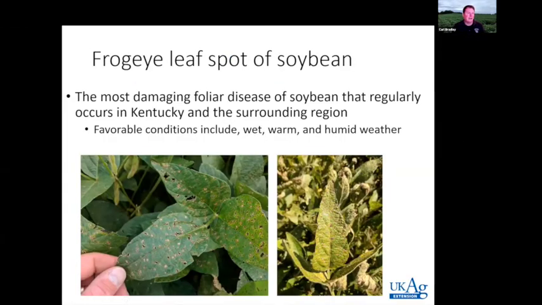Okay, as far as Frogeye leaf spot, when I'm talking to the growers in Kentucky, I really call this probably the most damaging foliar disease of soybean that occurs in the state that I live in now. Part of that is because of the conditions that we have in Kentucky during the summertime. We can be very humid.